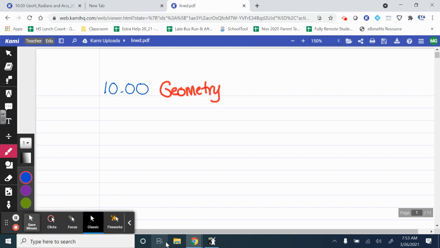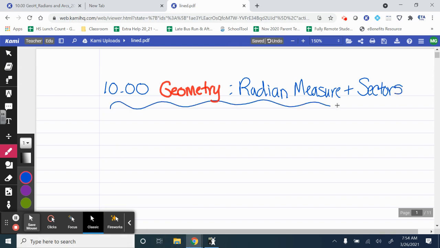Classic. Sorry. Okay. So geometry, we're doing radian measure. And we're going to talk about sectors today. First we're going to be converting between radians and degrees. Radians is another way of measuring an angle.